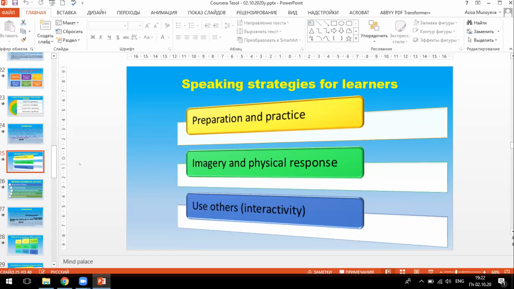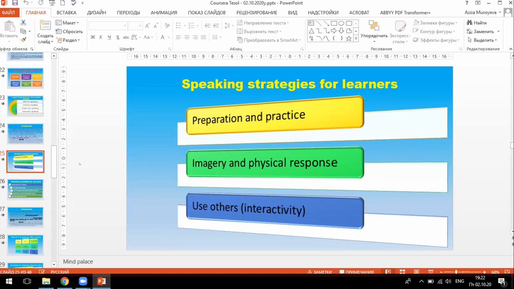showing them, yeah, and other strategies. So, for example, Mind Palace. Mind Palace means to trigger the imagery in the mind of your students. How do you do it?